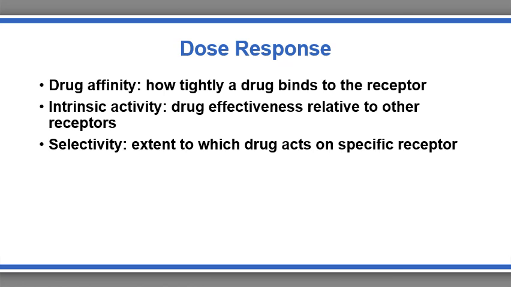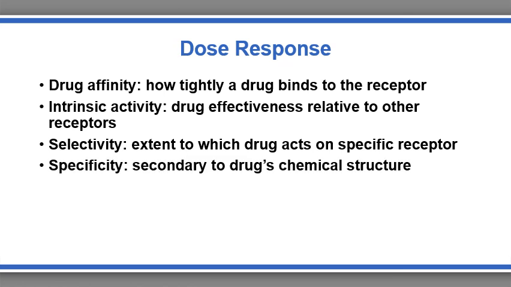Selectivity is the extent to which the drug will act on a specific receptor. And then you have the specificity, which is secondary to the drug's chemical structure. So here we're just looking at some different definitions of that whole drug-receptor interaction.